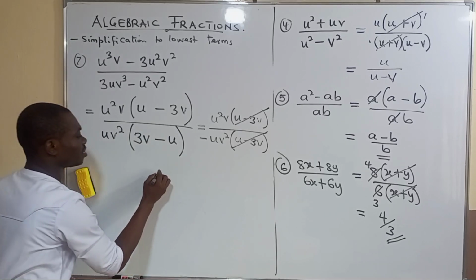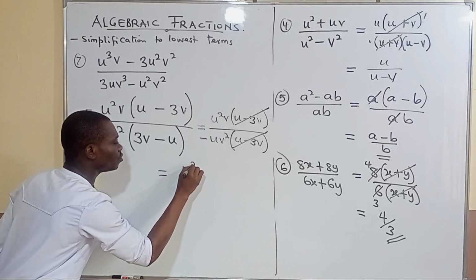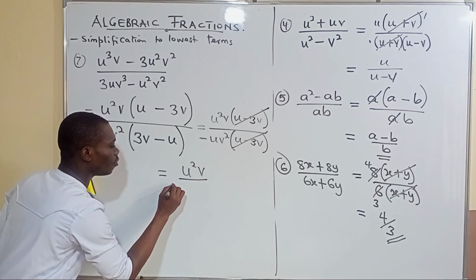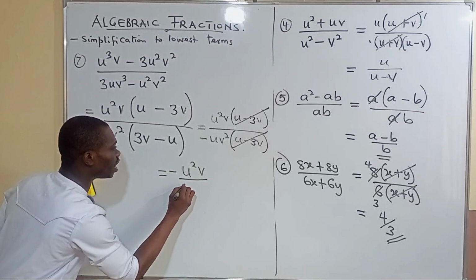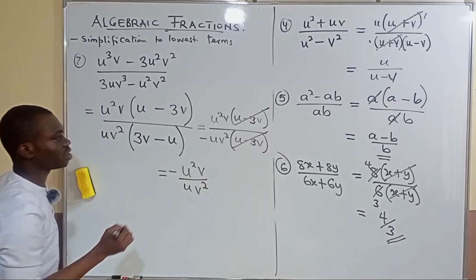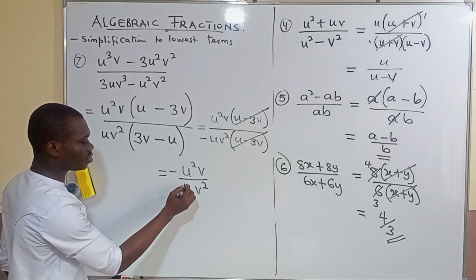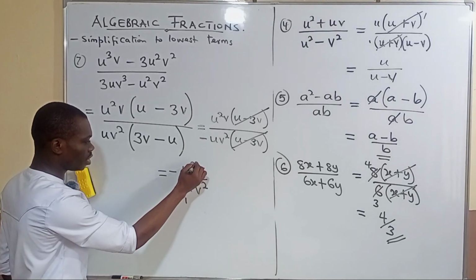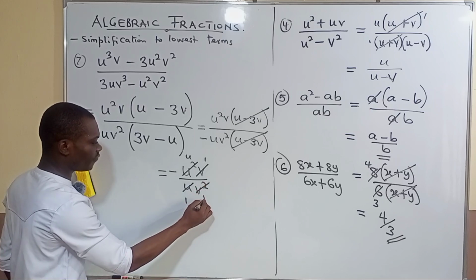And when we do that cancellation, what are we then going to have left? So we'll just have u squared v all over, this negative sign can come up, so all over u v squared. Okay, so that means this is not yet in its lowest term. There are things that can still cancel. So u can go 1, u here, u; v here 1, v here, v.